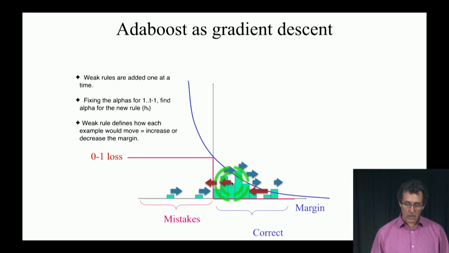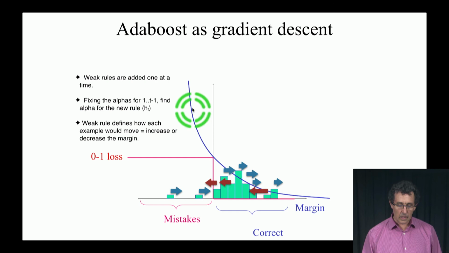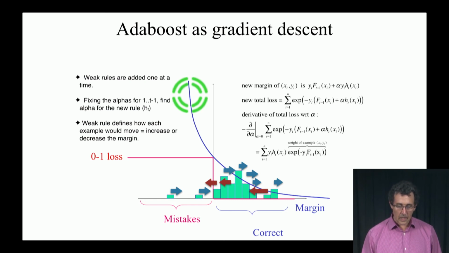So each example has a gradient that depends on essentially the slope or the derivative of the potential function at this point. And that is exactly the weight function, the weights that we give to the examples. So examples that have high weight are examples that are on the bad side of the margin, on the incorrect side.